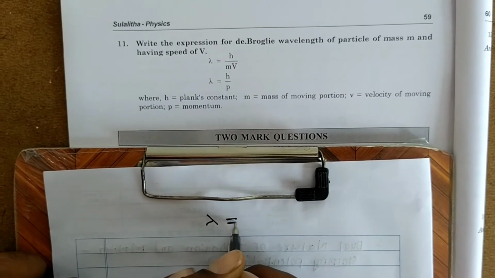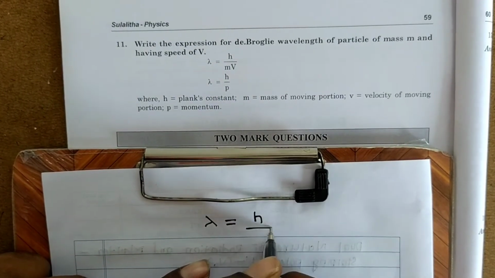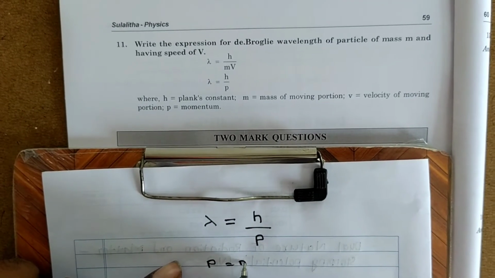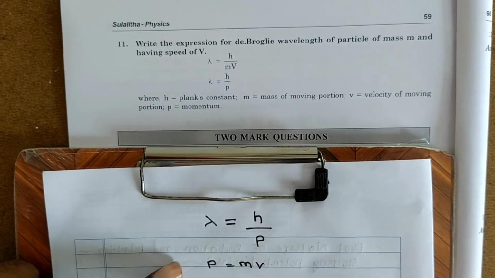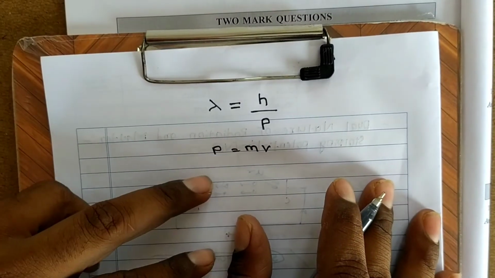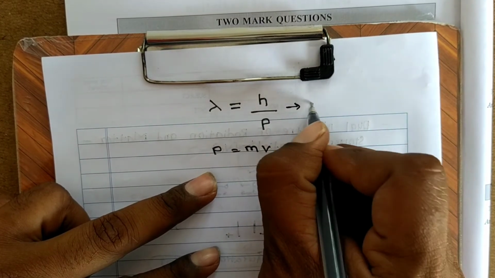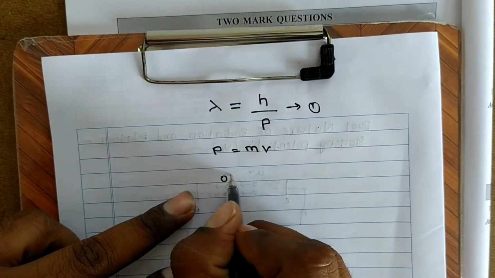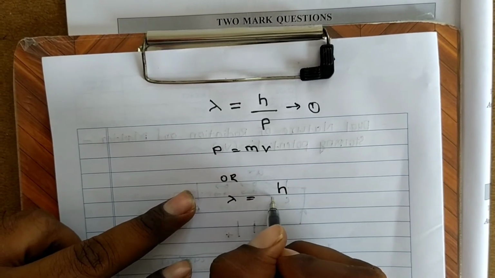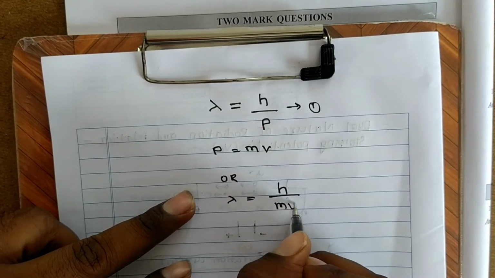Lambda is equal to h divided by p, where p is the product of mass and velocity. Equation 1: lambda is equal to h divided by p, or in terms of mass and velocity, lambda is equal to h divided by m into v.